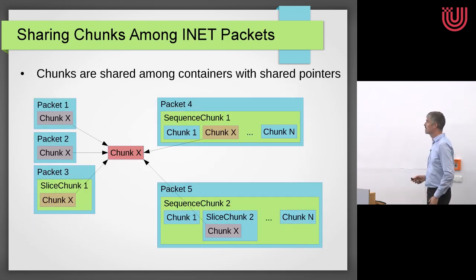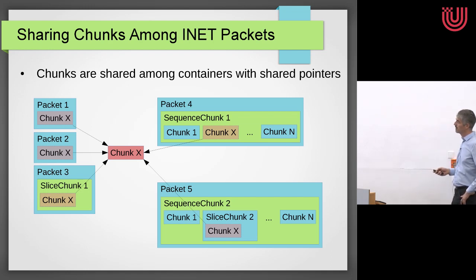So this is an example that shows how chunks are shared among the INET packets. For example, you can have two exact duplicates sharing the same chunk X, or you could have another packet which only contains a slice of that chunk, or another packet which contains the whole chunk X plus some other chunks before and after.